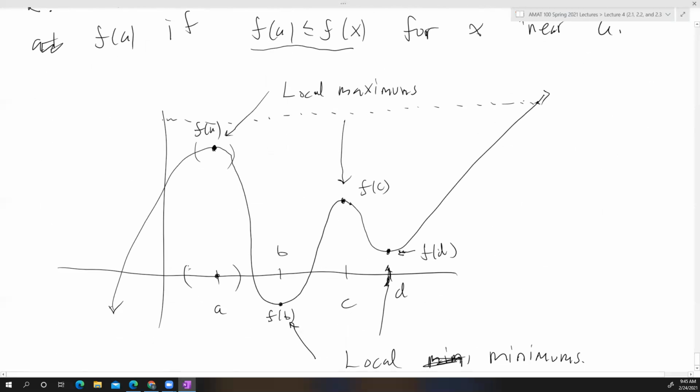So this open interval right here is a neighborhood of A because it contains A. So a neighborhood of the point A is just an open interval, or more generally just an open set.